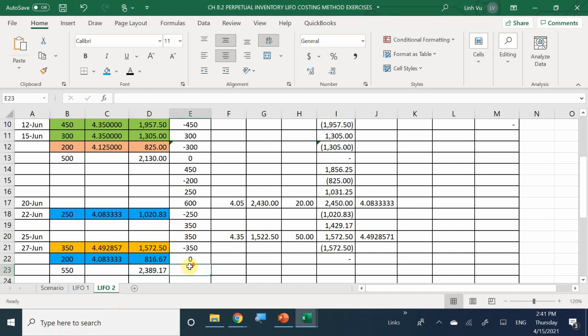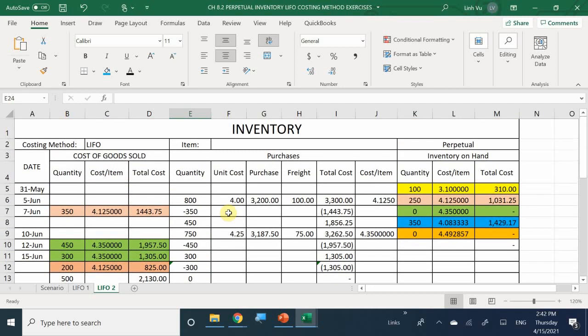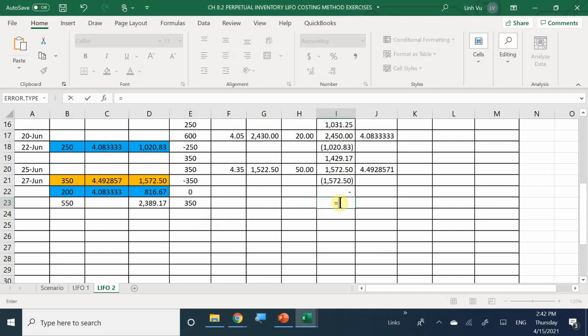Once again, I'm going to carry down, I believe it was this 350 here, costing me, let's double check, 1429.17. Yep, that's correct. So I'm going to carry that down. We sold 200 items.